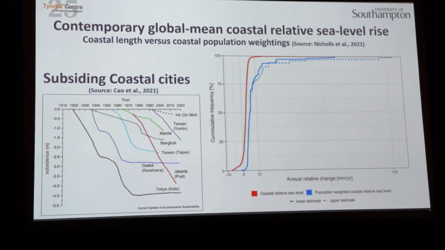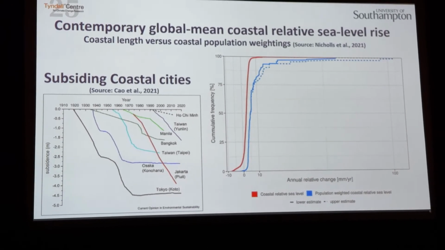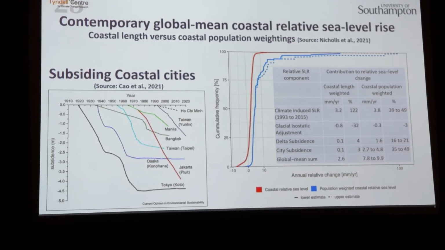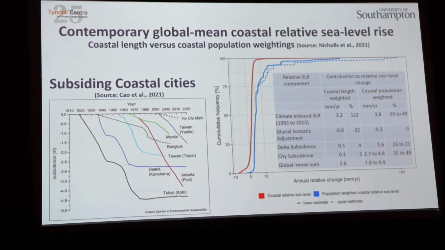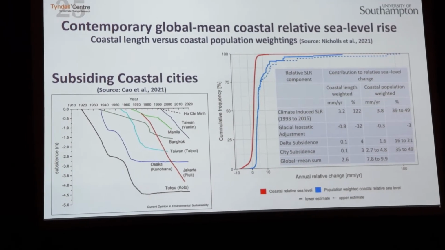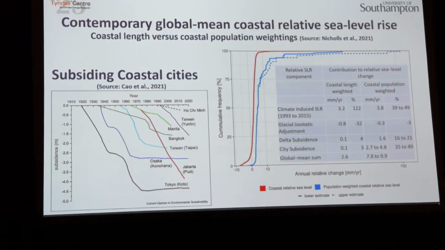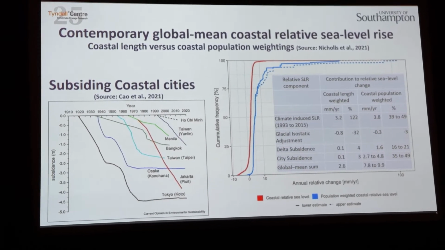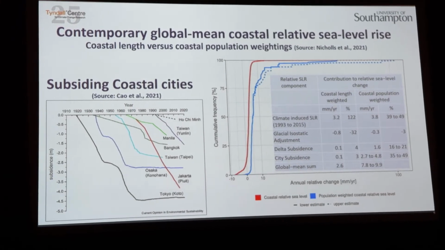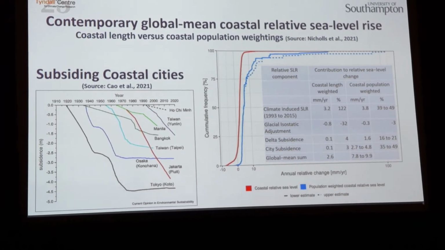So this issue of thinking about subsidence is really quite important. And the kind of numbers we were getting with our analysis about 6 years ago was that relative sea levels were 3 to 4 times greater than the global climate-induced sea level rise. So that's significant.